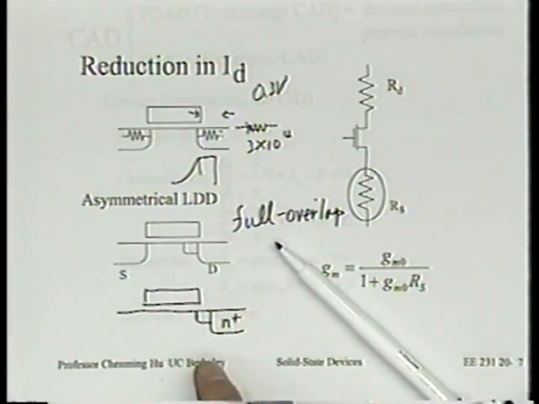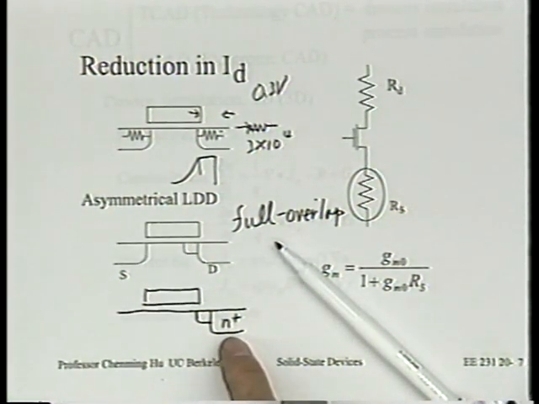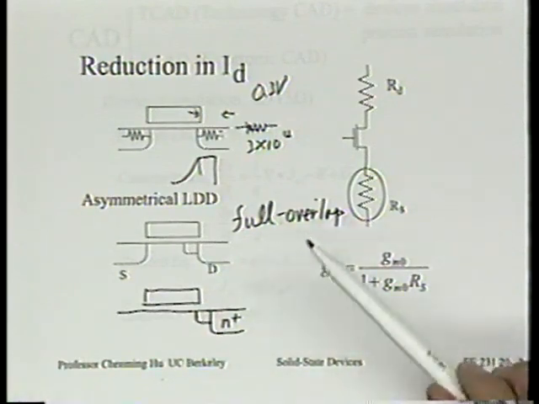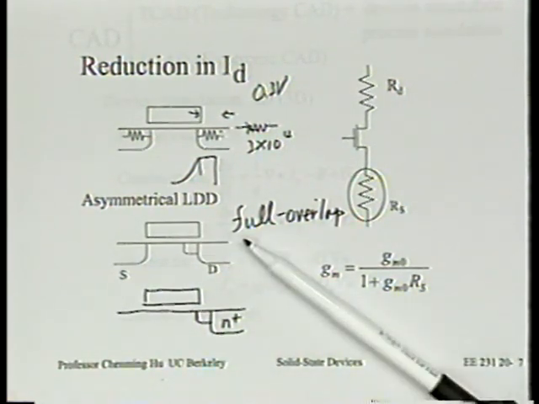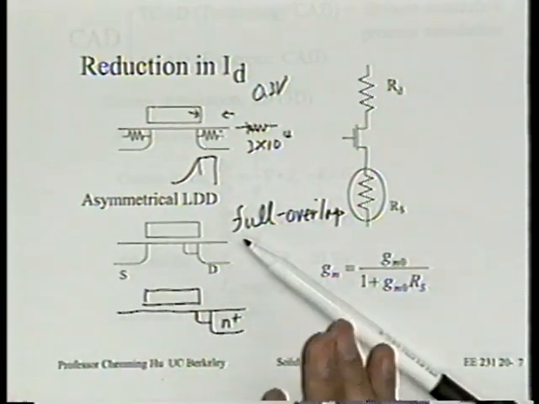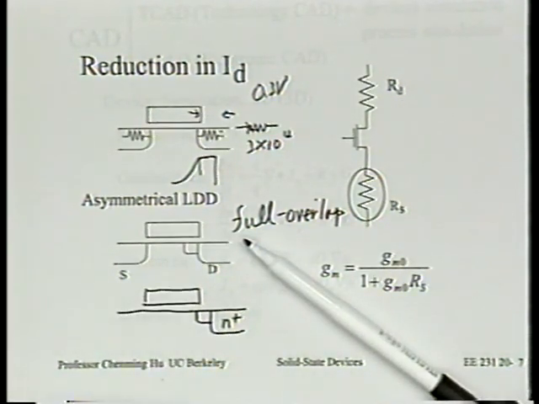For this reason, it's very tempting for engineers to design the device this way. But from the hot carrier effect and high field consideration, this gives you lower electric field and better reliability. So there's this trade-off.